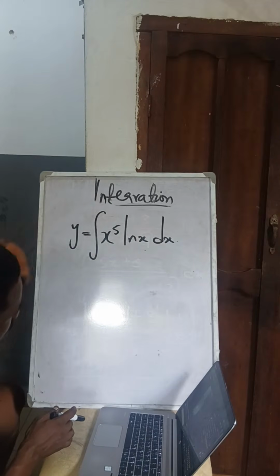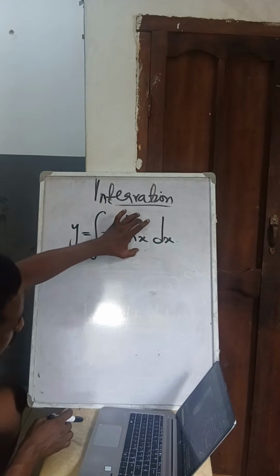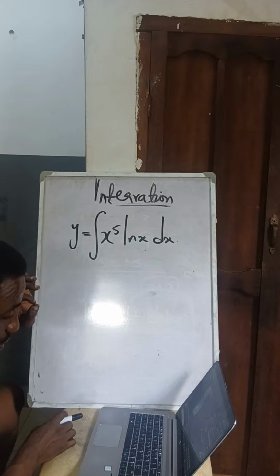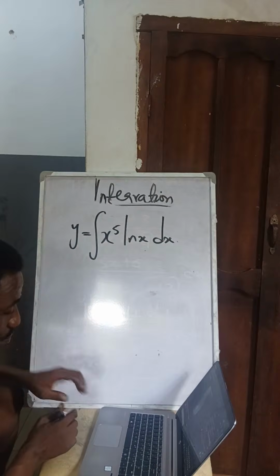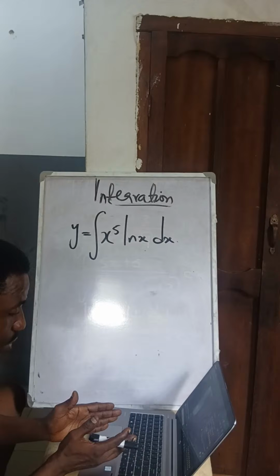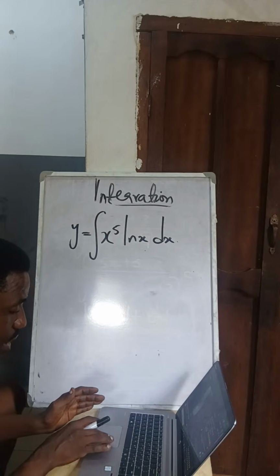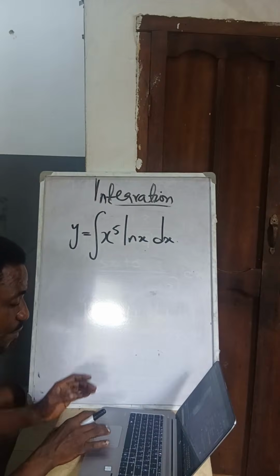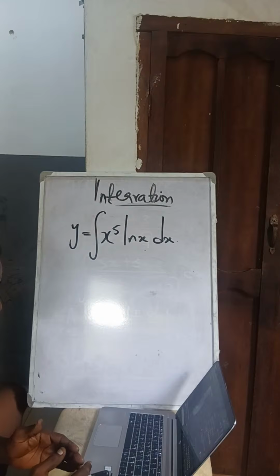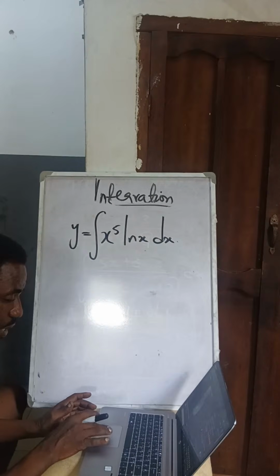This is x raised to the power 5, this is in x dx. Beautiful question. If it is cubic, you're going to have three brackets.